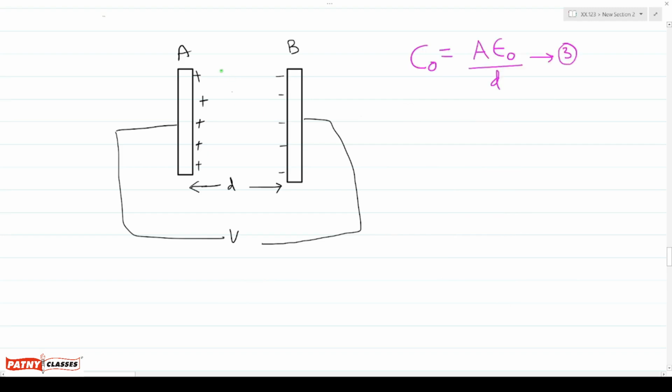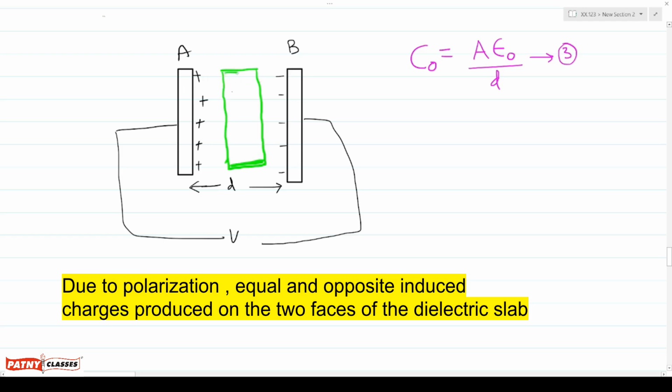Now we introduce a dielectric material between the plates. This is the dielectric material we have introduced between the plates of the capacitor, that is plates A and B. On plate A there is a positive charge, therefore on the dielectric material the negative charge will be induced.